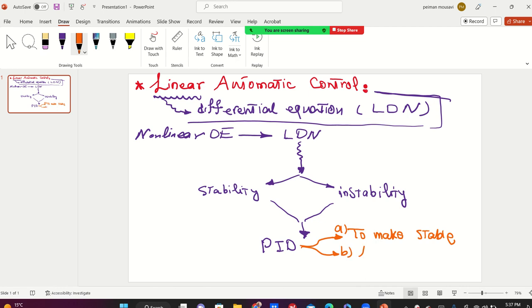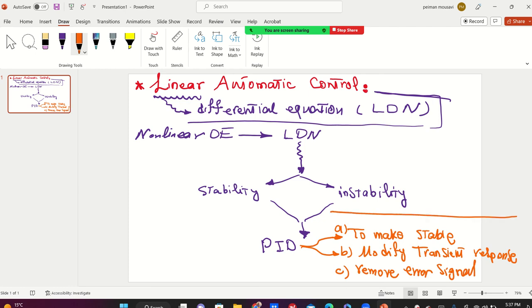B: modify the transient response of the system. C: remove the error signal of the system. So this course mainly talks about these three items at the end.